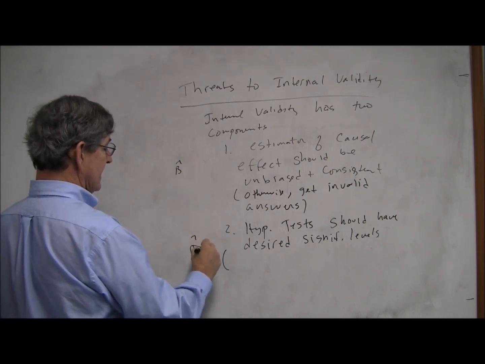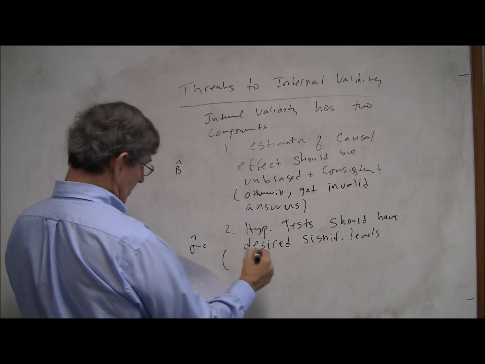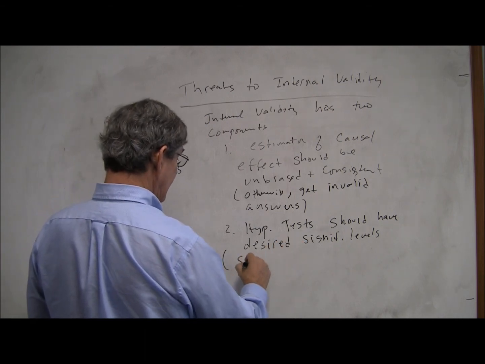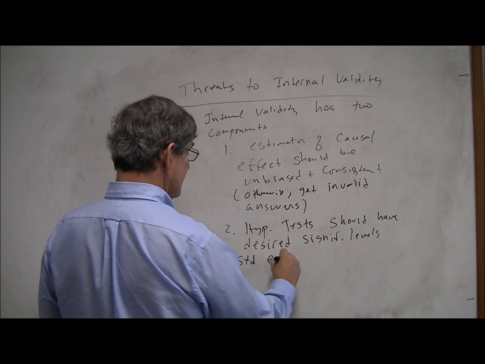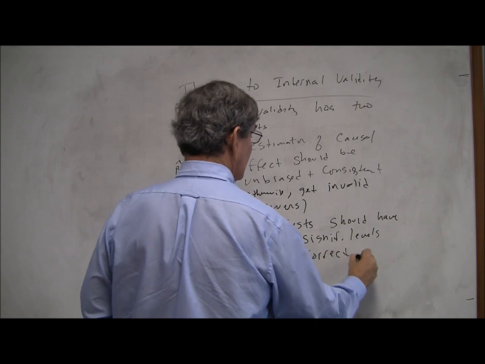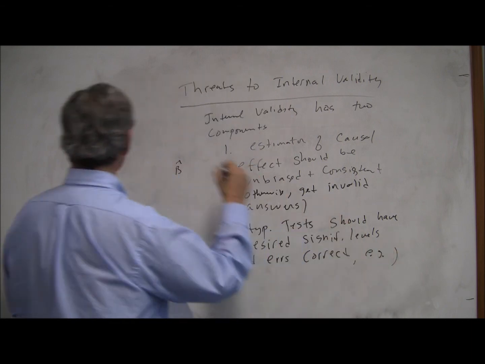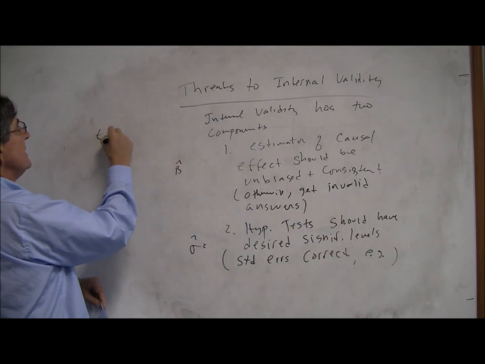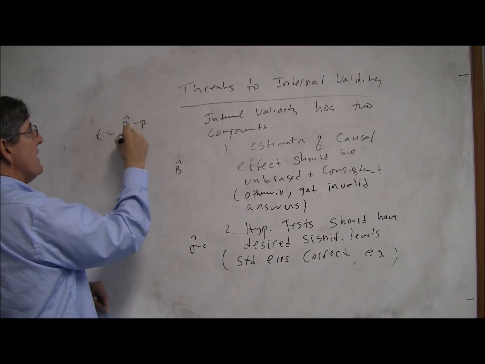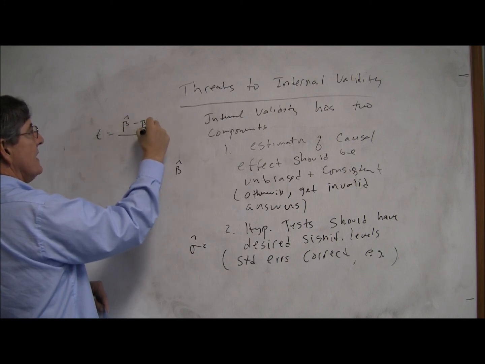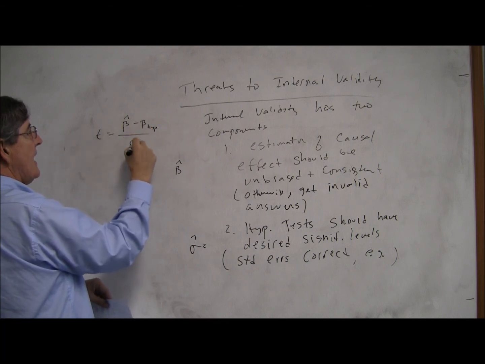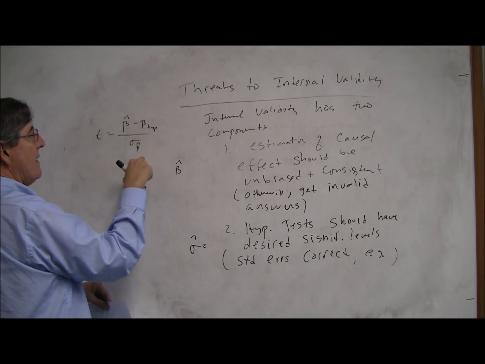This is mainly the sigma squareds. So we want the standard errors unbiased, say correct, for example. If you're doing a t-test, t is beta hat minus the hypothesized beta, beta H, over sigma of beta hat, the standard error of beta hat.